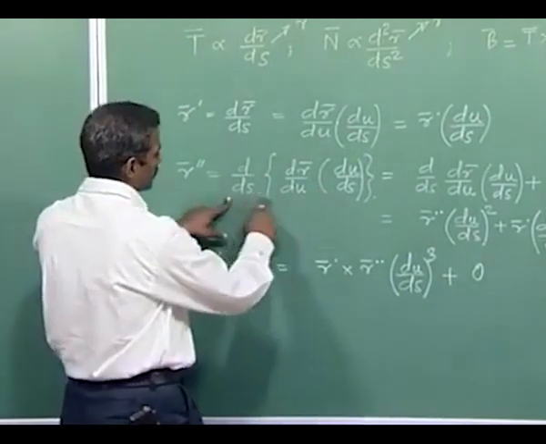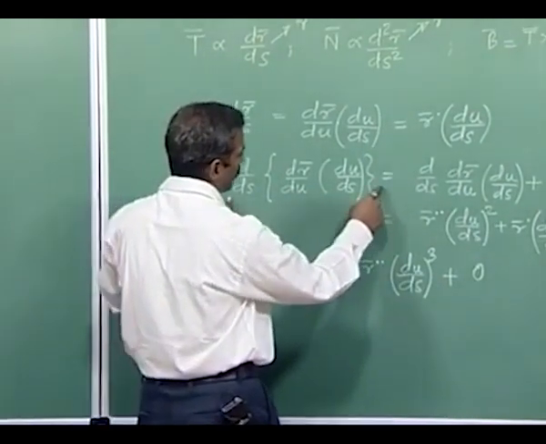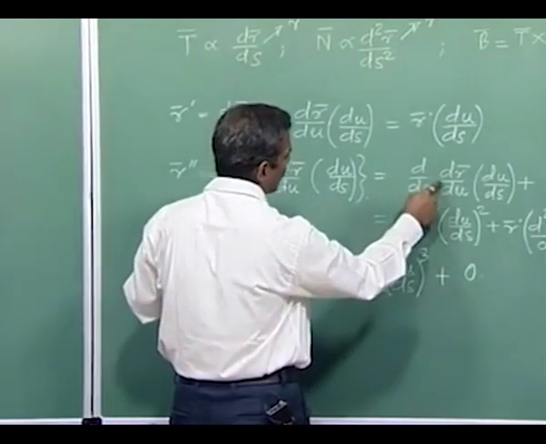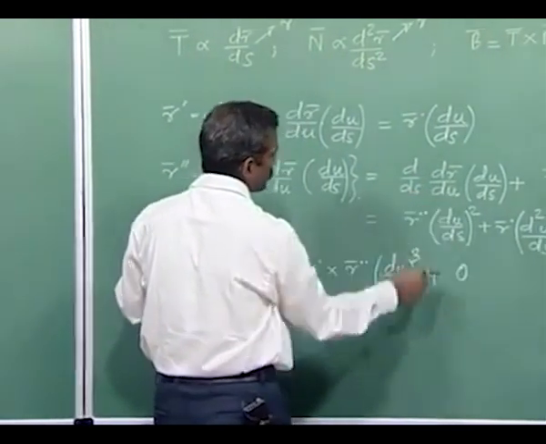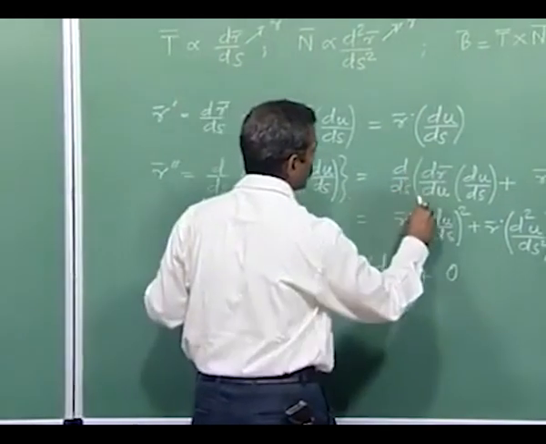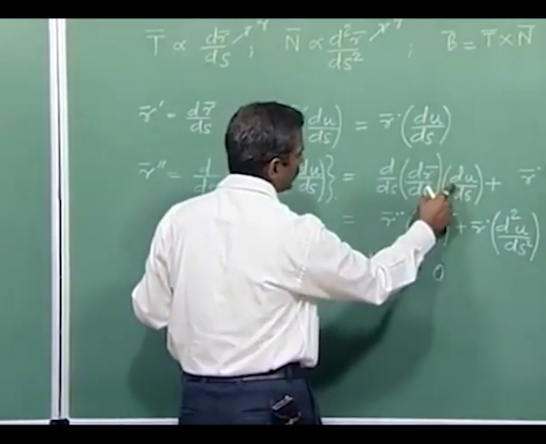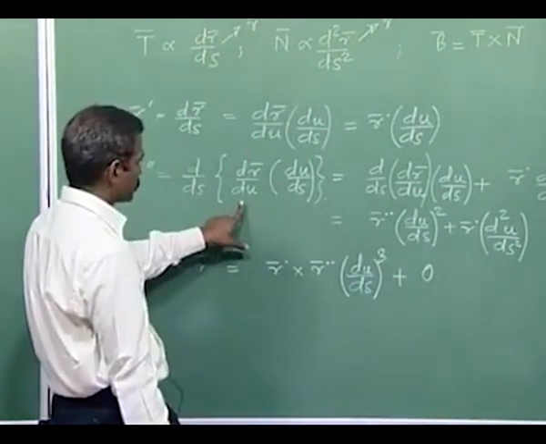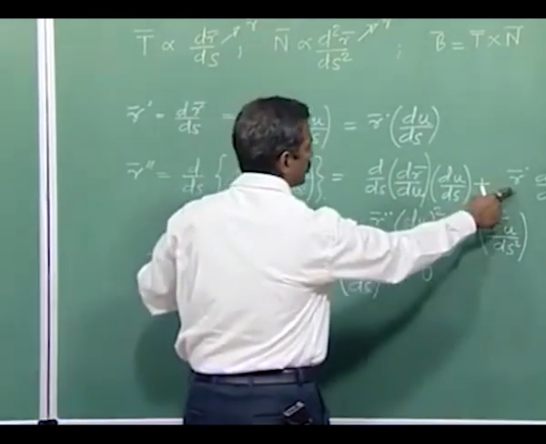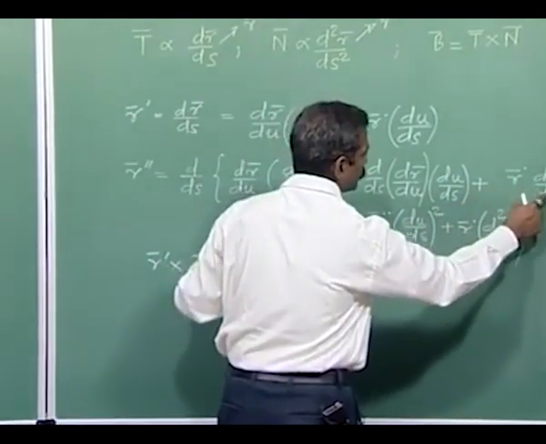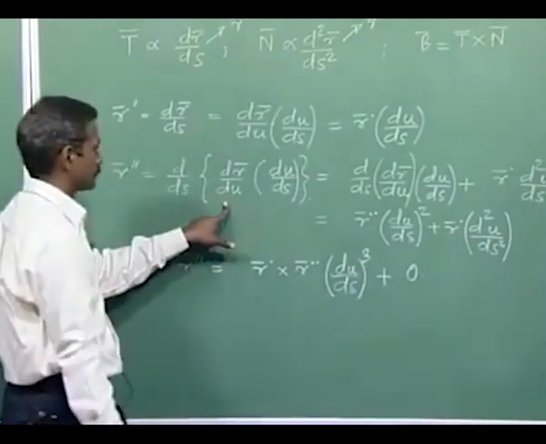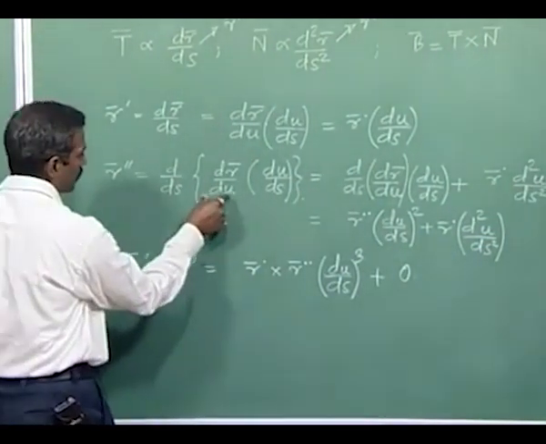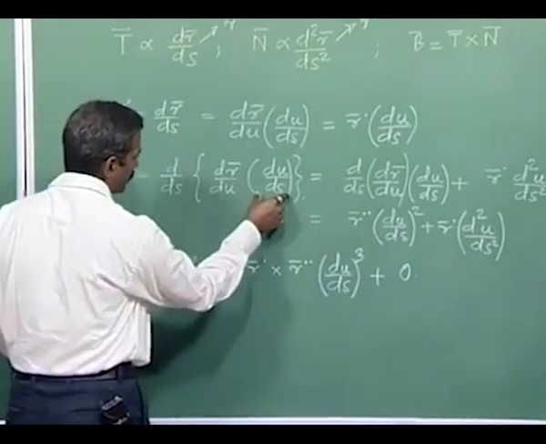If I work out the expression, this would be equal to d over ds of dr over du times du over ds, plus r dot times d2u over ds squared. This differential operator will first operate on this and then it will operate on this.